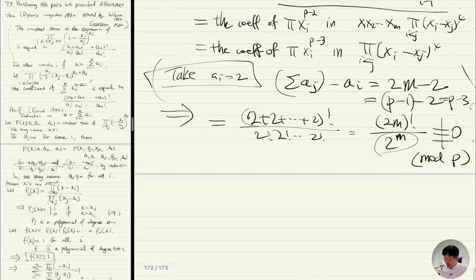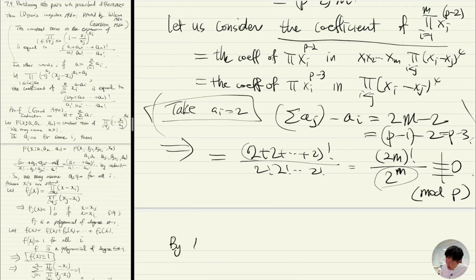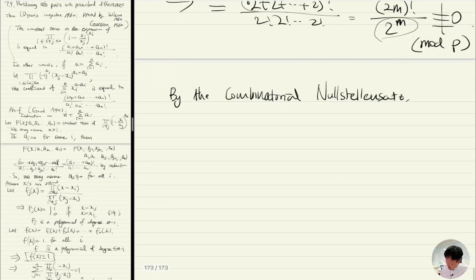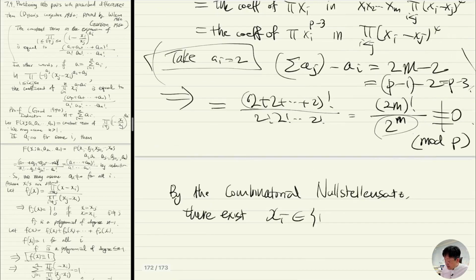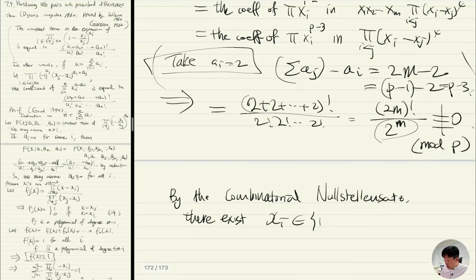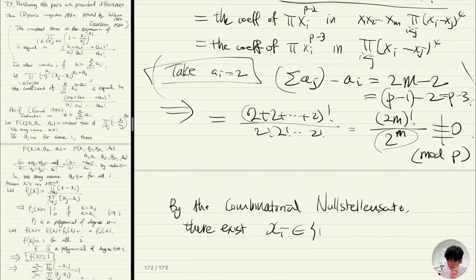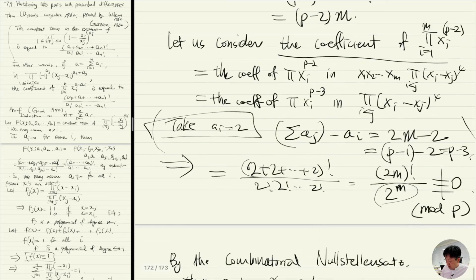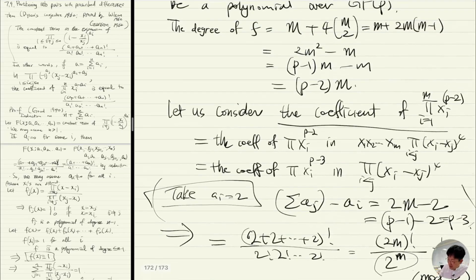So this is non-zero. That means by the combinatorial Nullstellensatz, there exist xi, I can have p minus 1 choices.